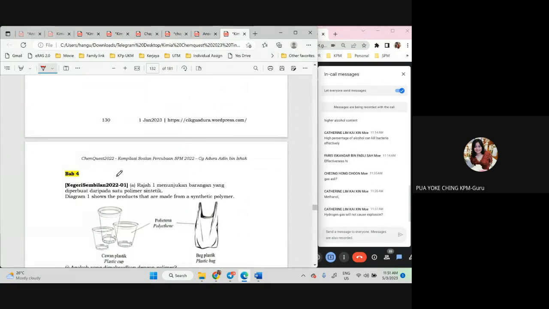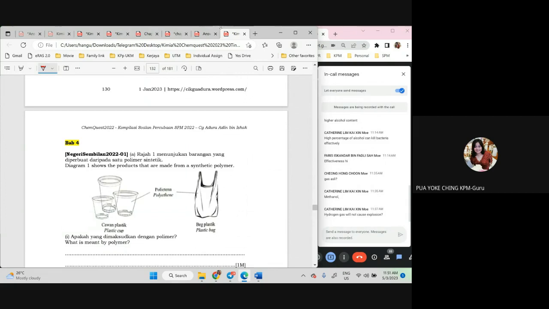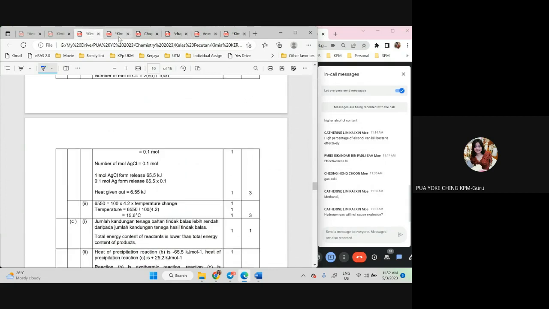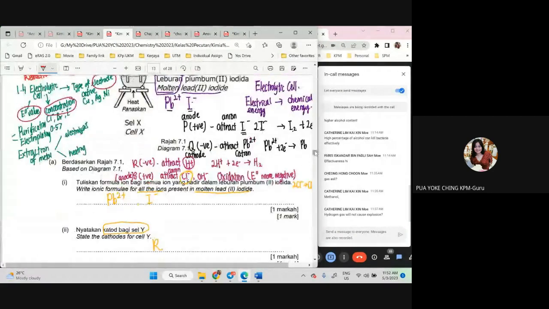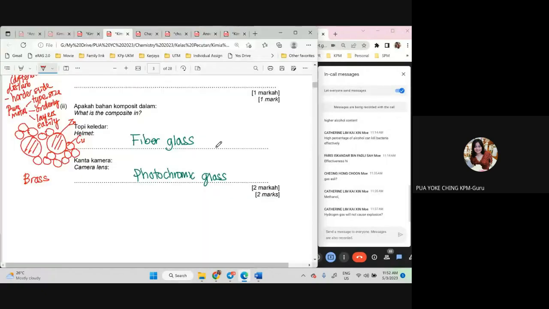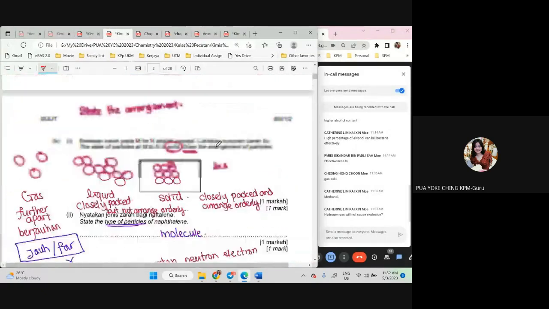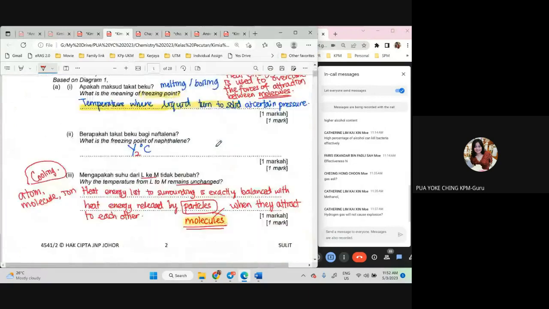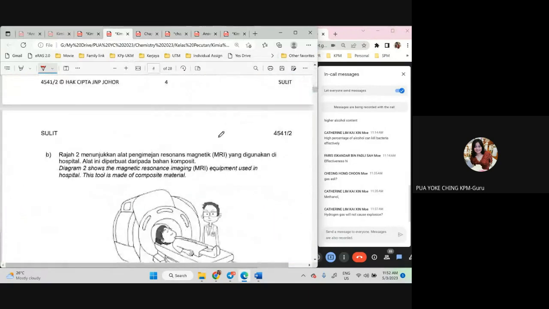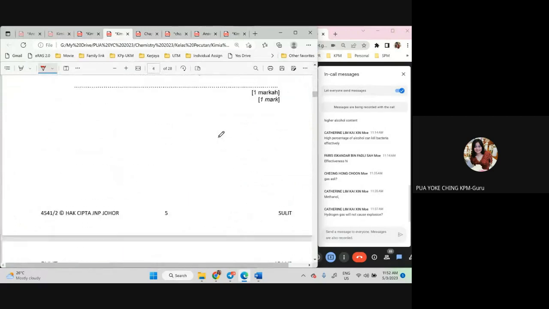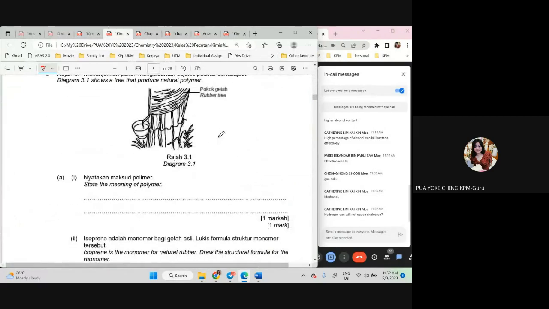Okay, the rest is chapter 4 and chapter 5. Chapter 4 and chapter 5 I will combine, because these two chapters are more or less the same. I hope these two chapters will come out at the beginning of the paper. If you ask me, I really hope chapter 4 and chapter 5 come out in the front questions, because the front questions have low marks. If you don't know, then okay.